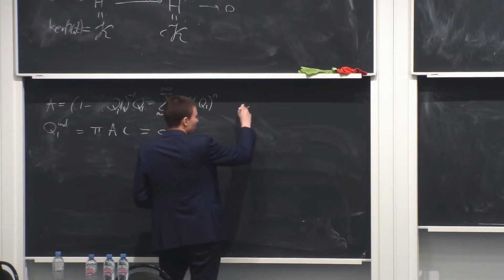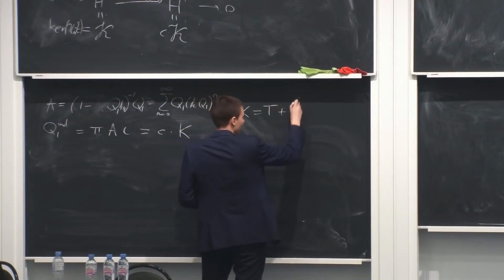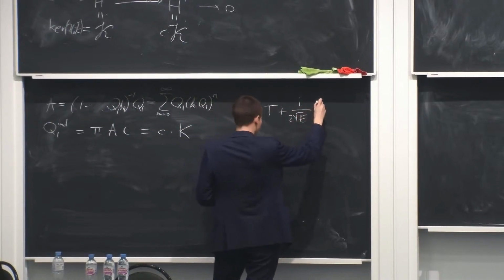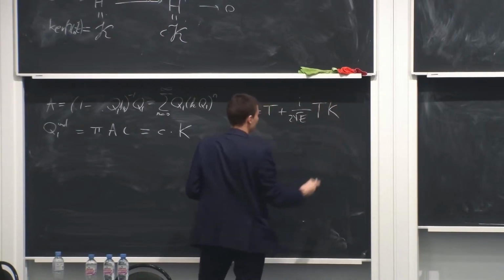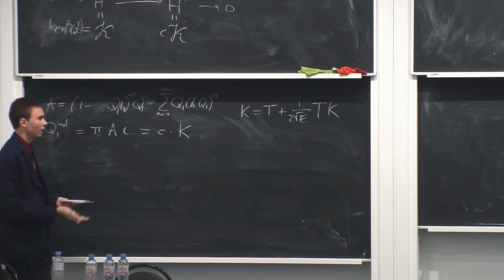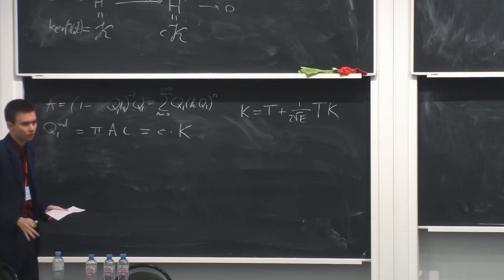It's related to the T matrix in a very simple way, depending on your normalizations, of course, but something of this type. So it contains all the data that T does.